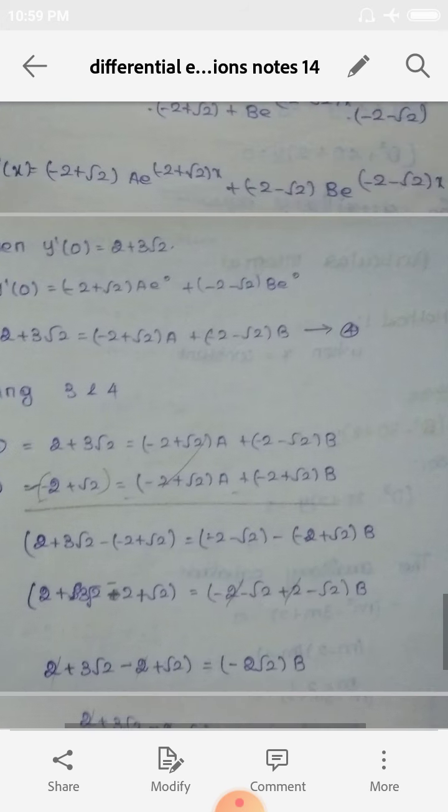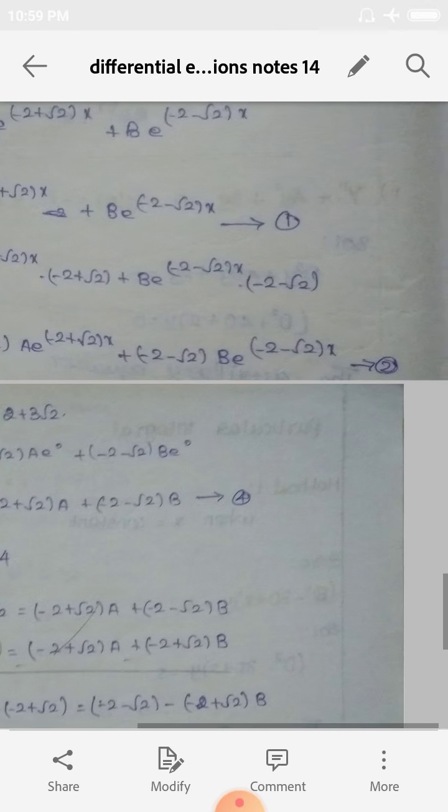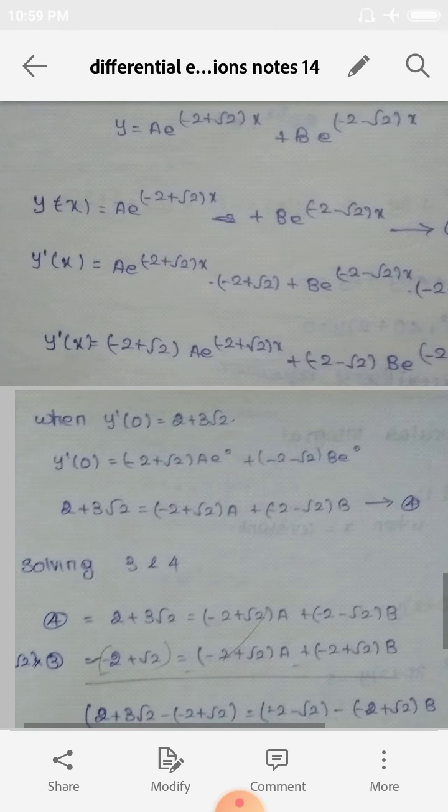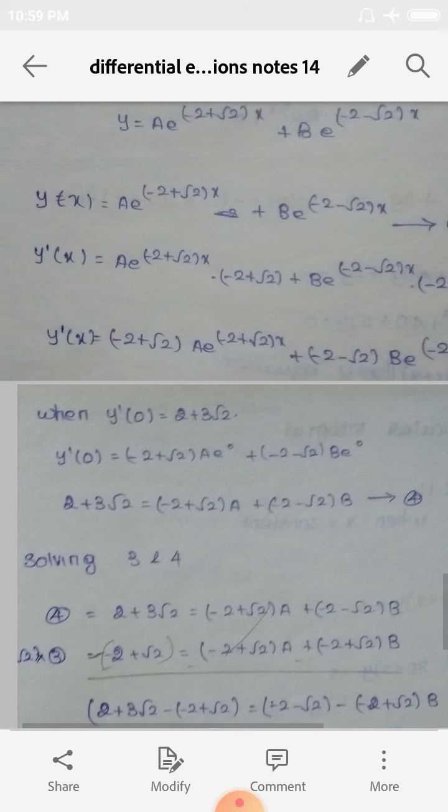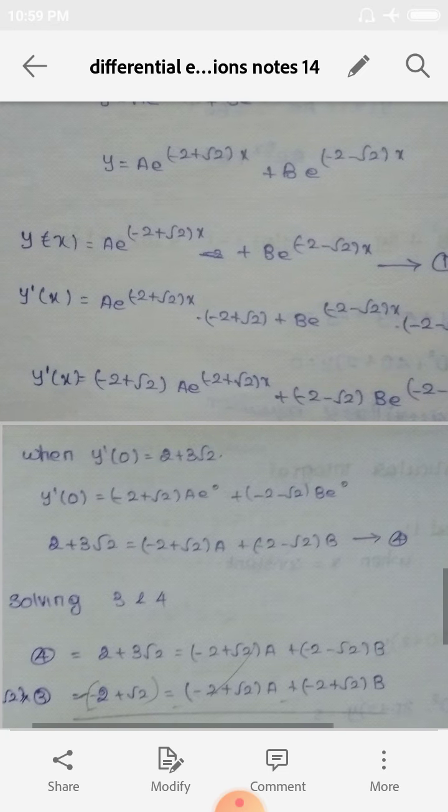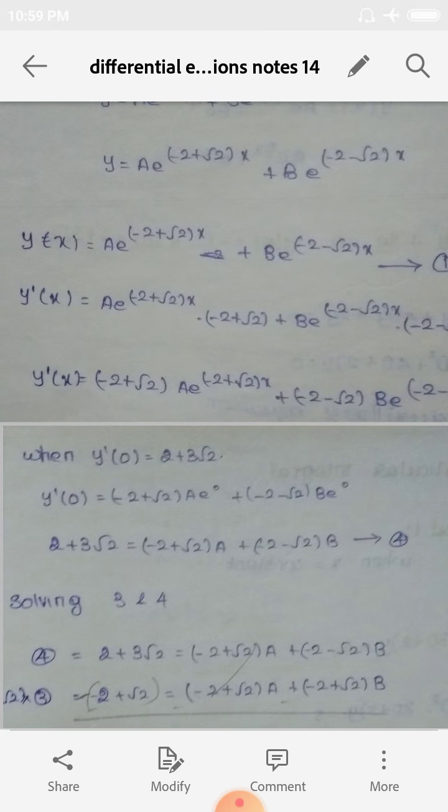Okay, so in this problem, after finding equations 1 and 2, find equation number 3. So what is equation number 3? We have to put x is equal to 0 in the first equation. When we put x is equal to 0 in the first equation, what do we get? Y of 0 is equal to minus 1.